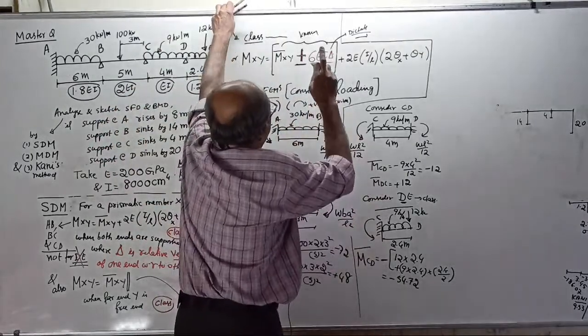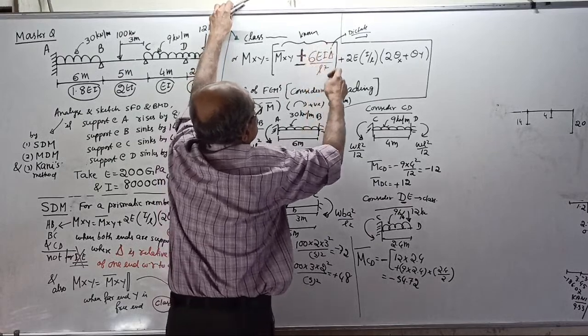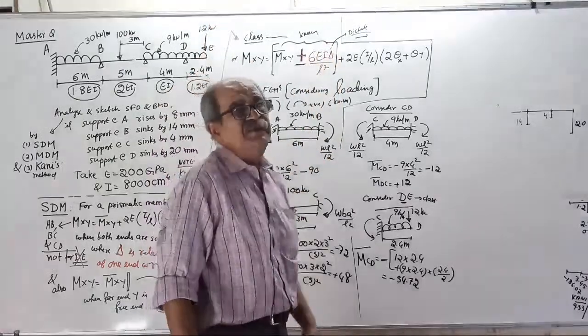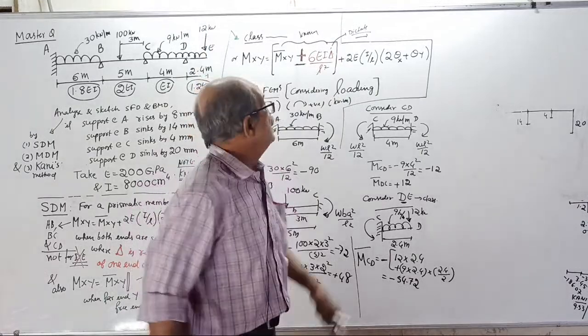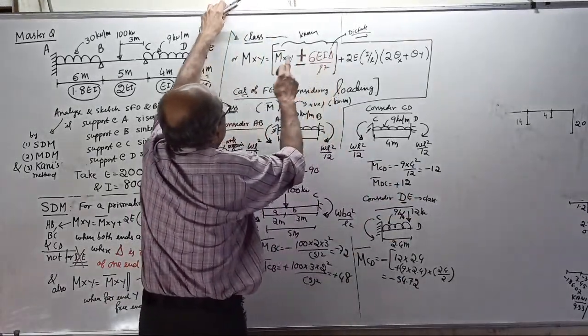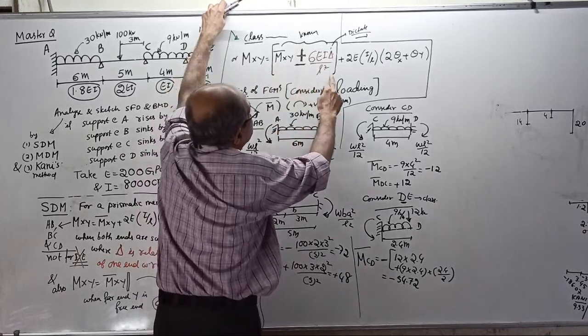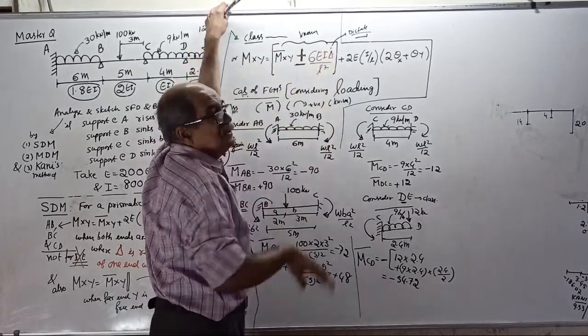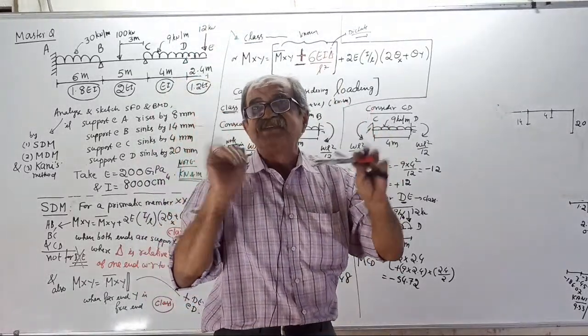Okay. First of all, note, 6EI delta by L square is fixed end moment due to delta or support settlement. So this term is fixed end moment. This is the fixed end moment due to loading. This is fixed end moment due to delta. Therefore, you write a proper sketch.